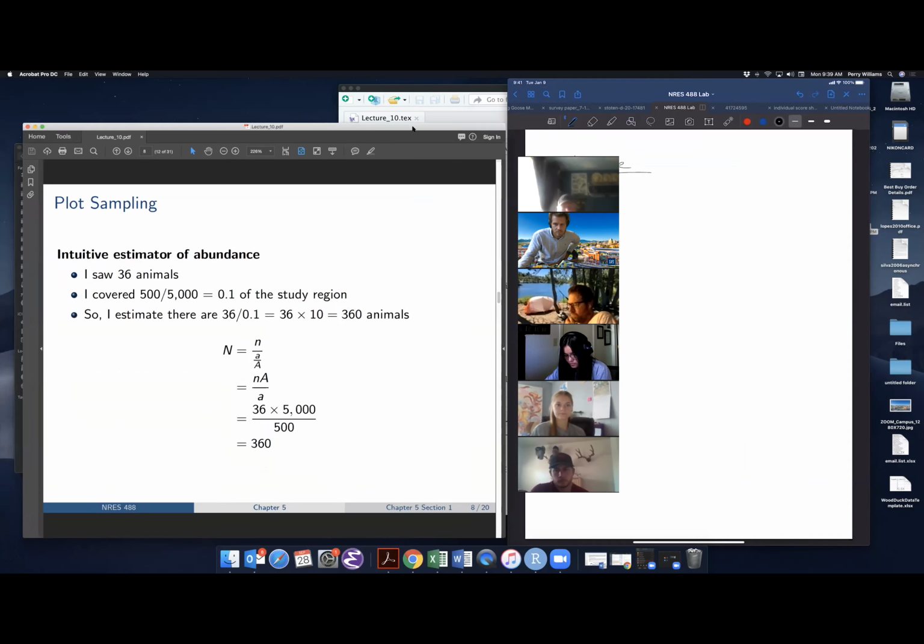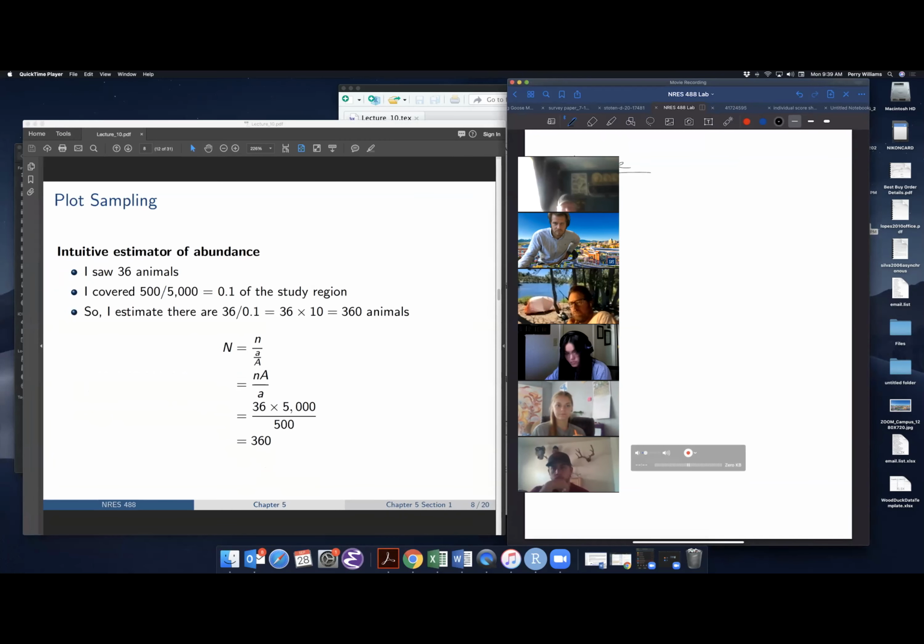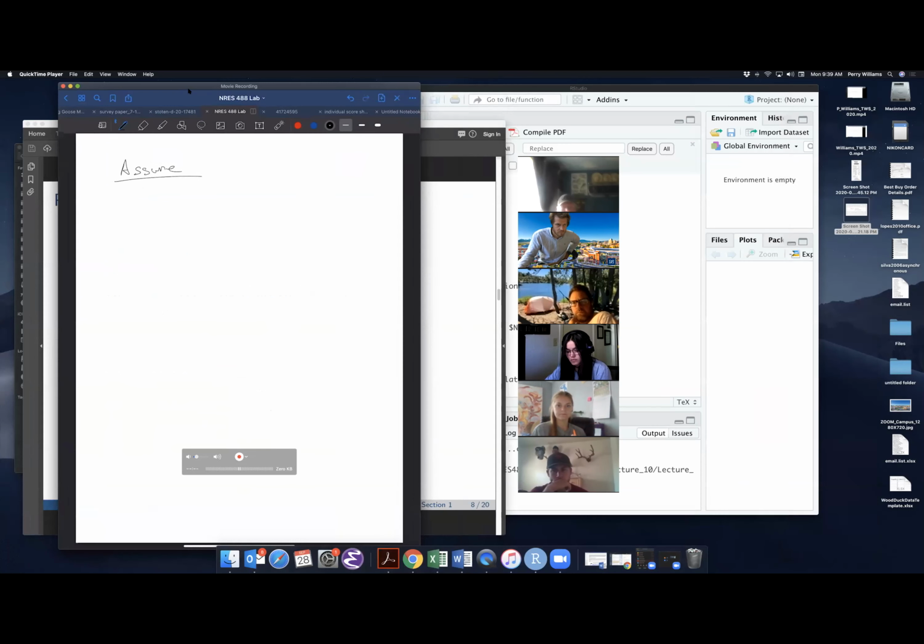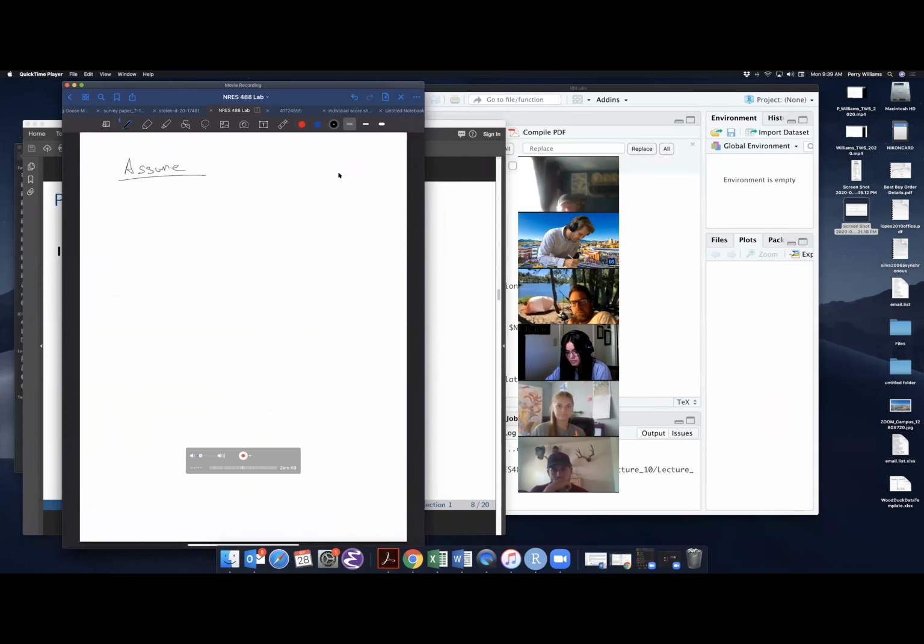Well, it's certainly assuming that there's an even spread, or at least that you're not going to see a higher density than you covered, or like no animals in maybe a bad habitat area. Yeah, exactly.